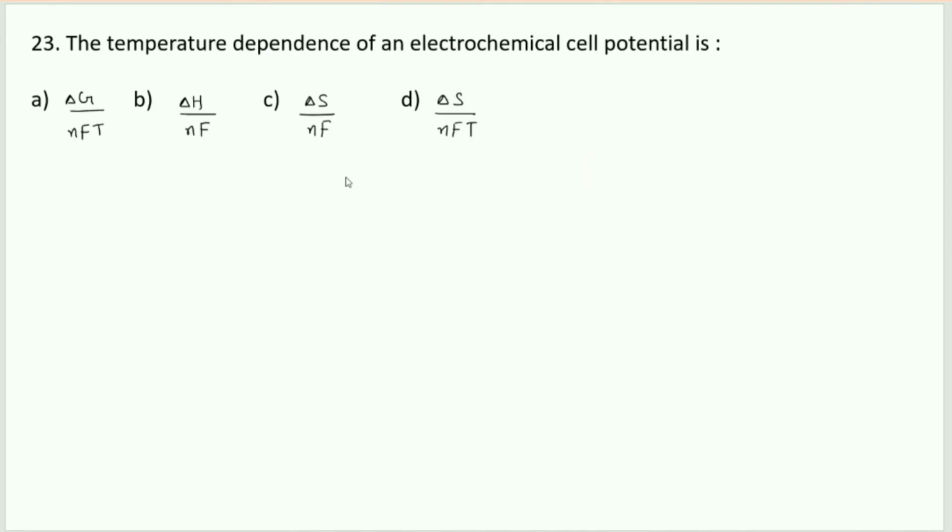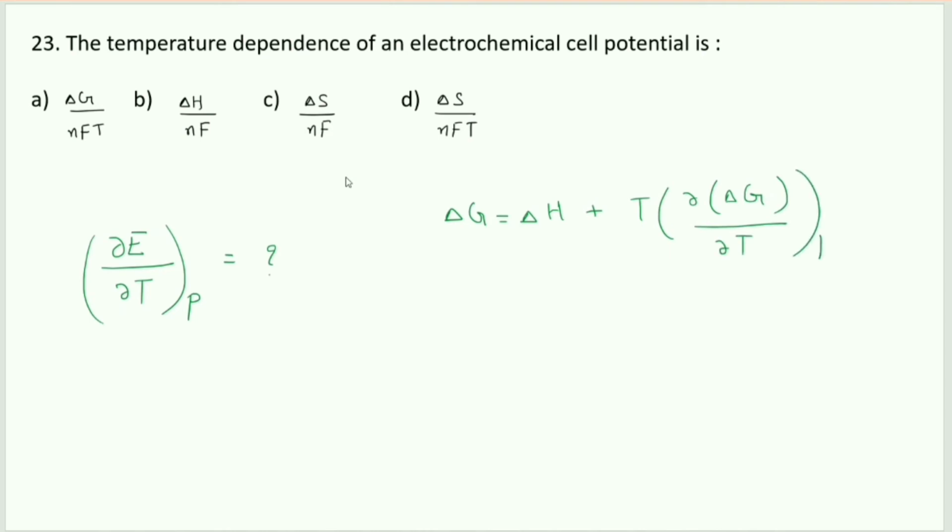23. The temperature dependence of an electrochemical cell potential, dou E by dou T at constant pressure. We have to find this dou E by dou T at constant pressure. We know the equation delta G equal to delta H plus T into dou of delta G by dou T at constant pressure. That is delta G equal to minus nF E cell.